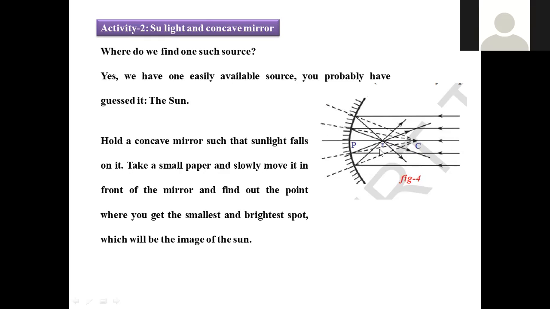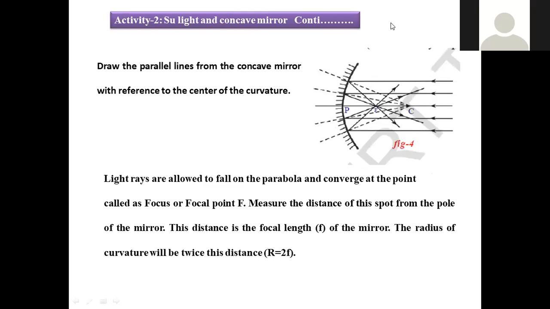You have to adjust the paper in such a way that you get the smallest image of the sun and the brightest spot, by changing its distance from the mirror. Okay, so this is the activity.